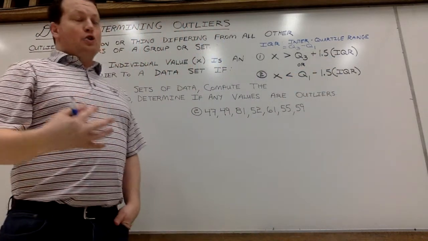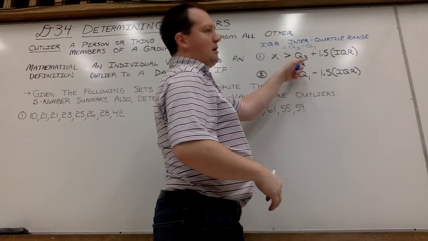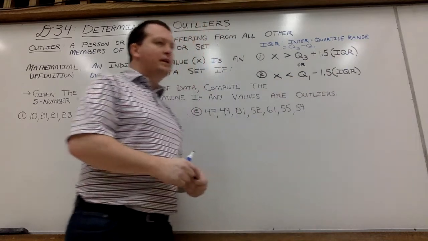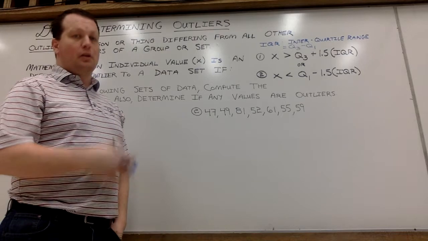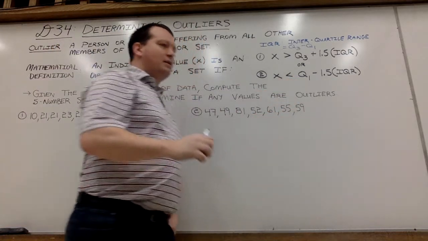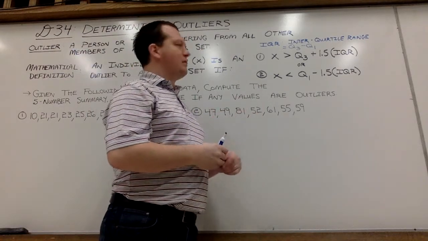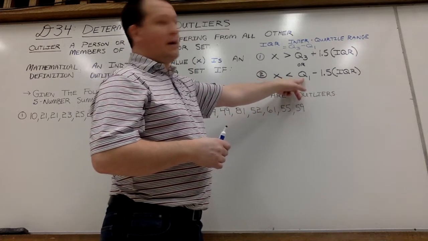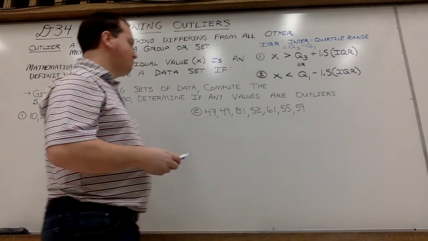So if I have a really large number, a number that is above the upper quartile plus 1.5 times the interquartile range, any values above and beyond there would be a large outlier. And then a small outlier, a really tiny value compared to the other values in the data set, would be less than the lower quartile minus 1.5 times that interquartile range.